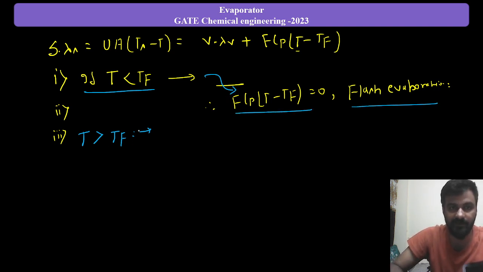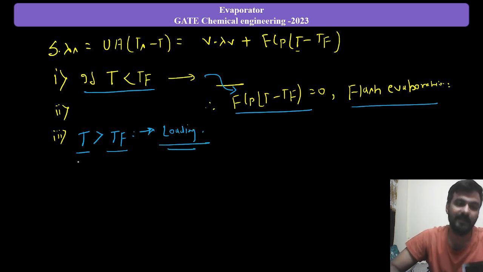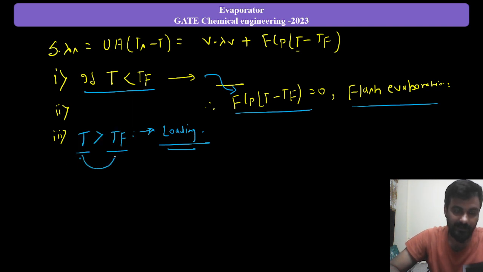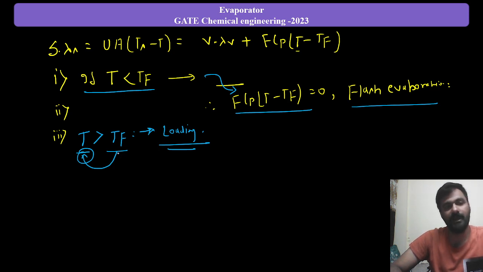So it is called flash evaporation. And if the solution boiling point is greater than Tf, then it will be a loading. It is called the loading for the evaporator. It means you have to make the feed temperature Tf reach T by supplying heat from the steam, and after that the solution will get evaporated, right? So up to here I have discussed the effect of boiling point elevation as well as the leading and loading terms, right?